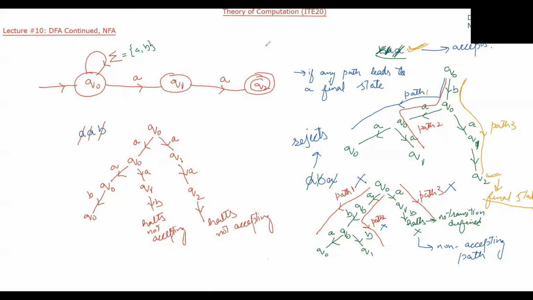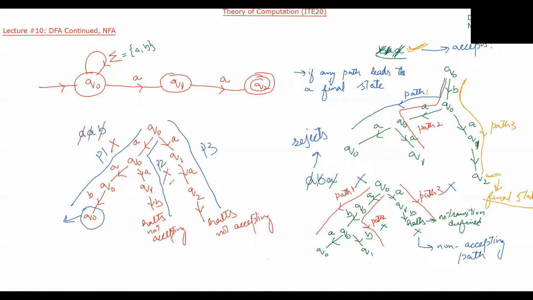So you can see that the string has completed. Now again, how many paths are there in this particular scenario? One path, second path. So this is path 1, this is path 2, this is path 3. Okay, path 1 leads to Q0, and Q0 is a non-accepting state, or we can say it is a non-final state. So this path does not accept even. Path 2 leads to halt, or we can say not accepting.